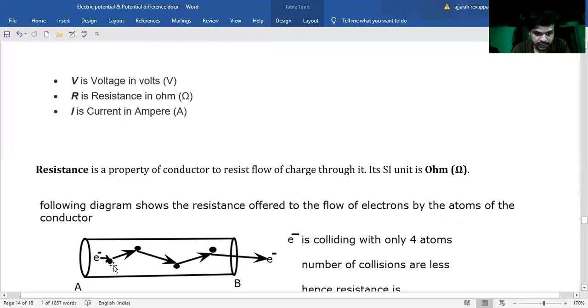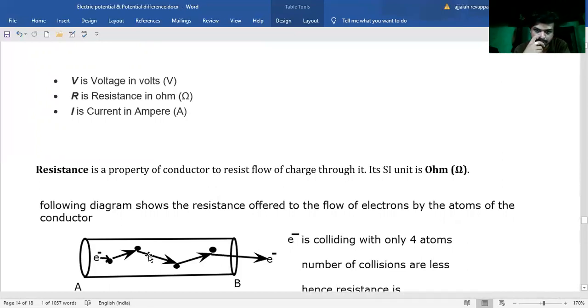There are many collisions when an electron travels through this conductor, so it experiences obstruction, resistance, opposition.